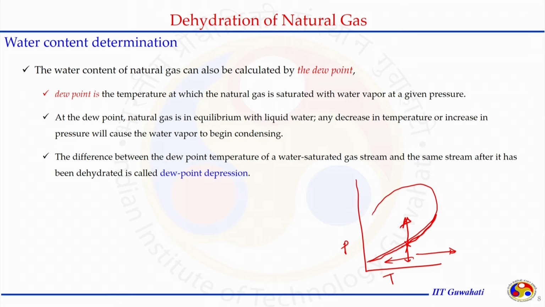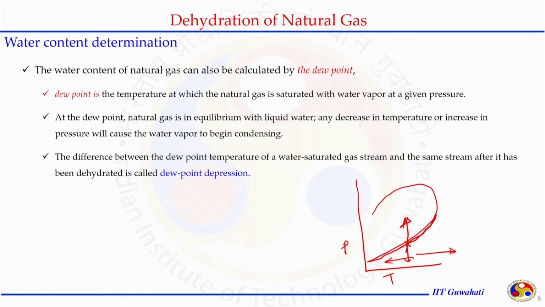So, the same thing is applied when we are having the dew point calculation at a particular pressure. If we are able to change the condition and find out a difference between the dew point temperature of a water saturated gas stream before the dehydration or after the dehydration, we can calculate how much amount of the water content can be removed.